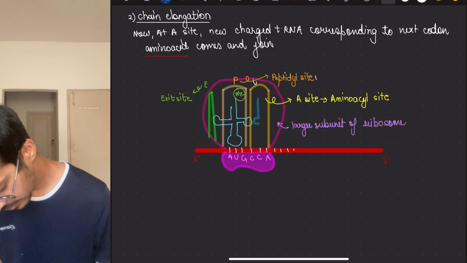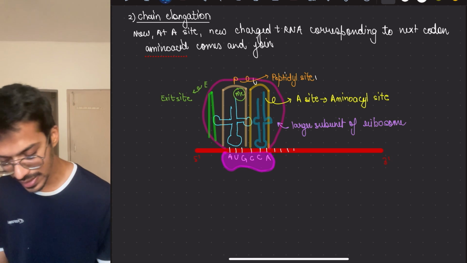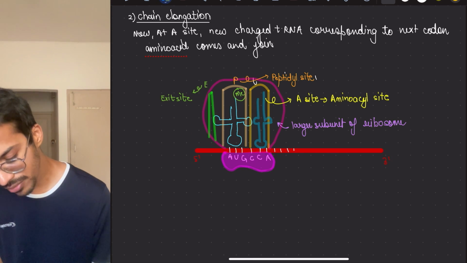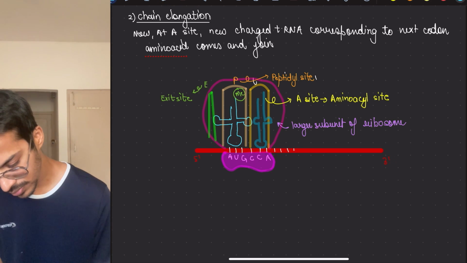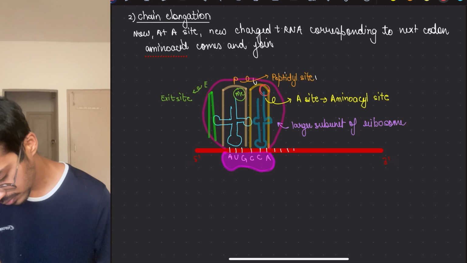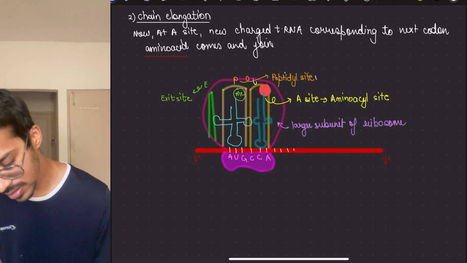So here, this is another tRNA, and it will be coming up with another amino acid. So here another amino acid is present.